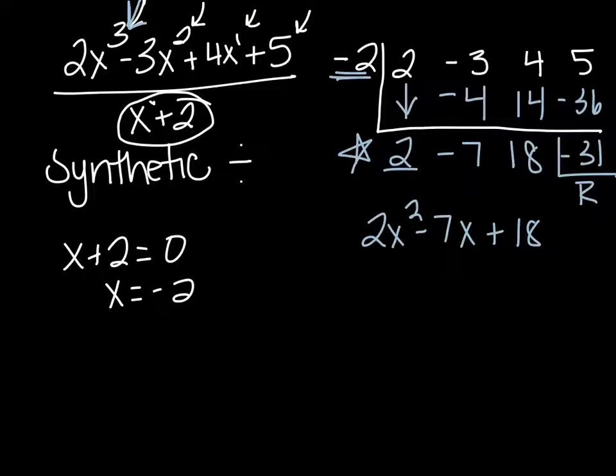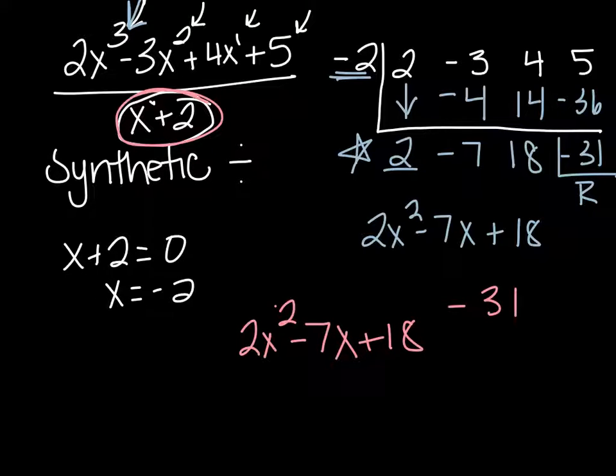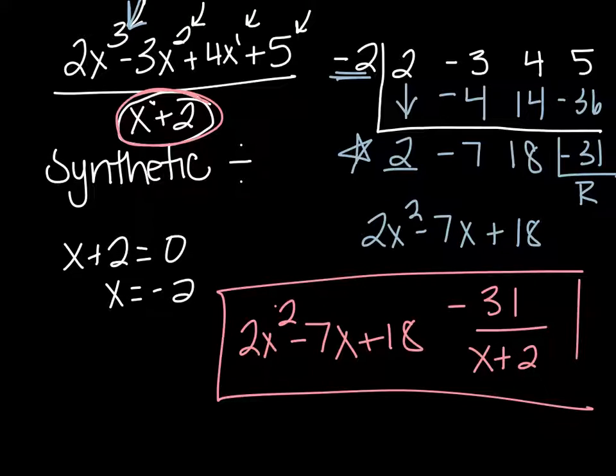The divisor is this right here, so I'm going to write it a little bit differently. We take the quotient, which is the answer, 2x squared minus 7x plus 18, the remainder, minus 31, over the divisor, which is x plus 2. So there's lots of different ways. Just make sure you read what they're looking for.